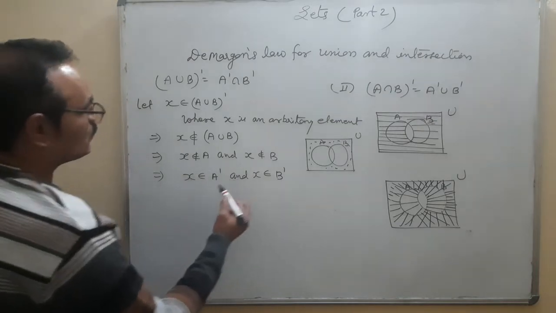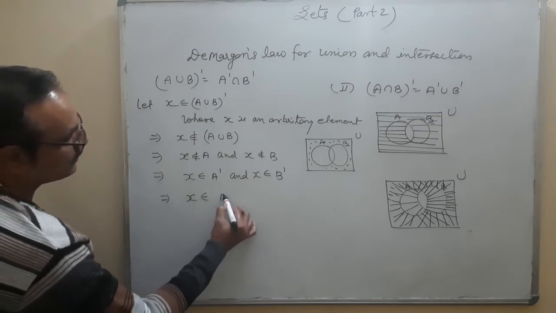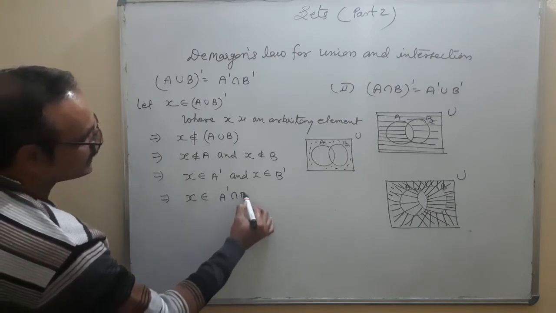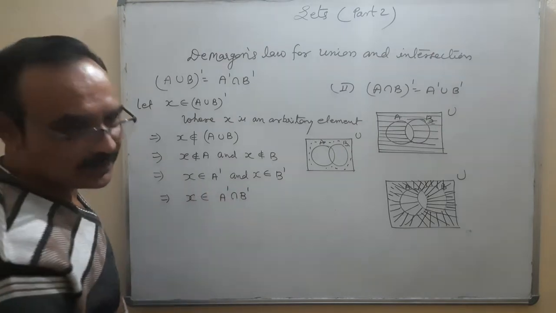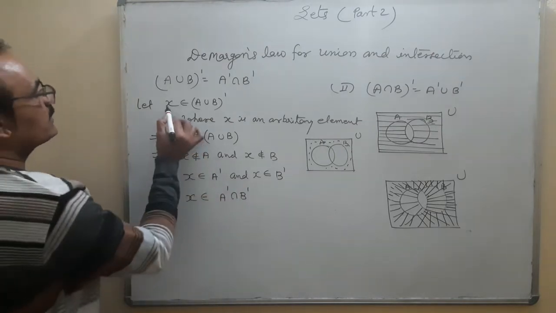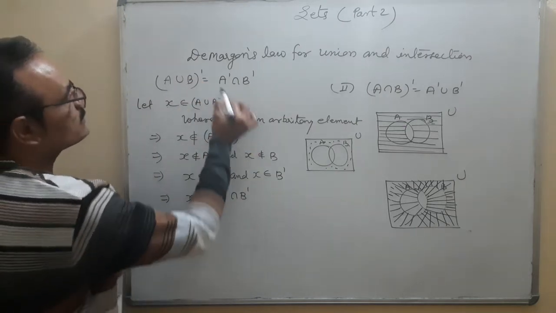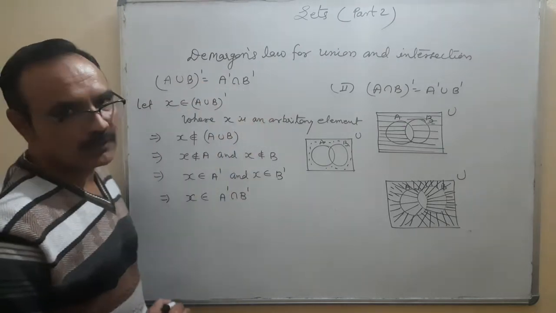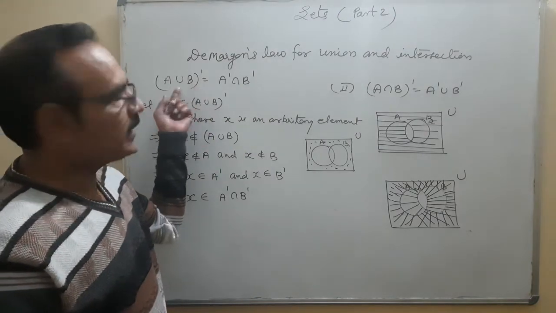The meaning of this one is X belongs to A complement intersection B complement. Because, and what does it mean? Intersection. Right? So you can see that this X we have taken in this set and this X has reached A complement intersection B complement. Okay. One element we have taken here and the same element is coming here.